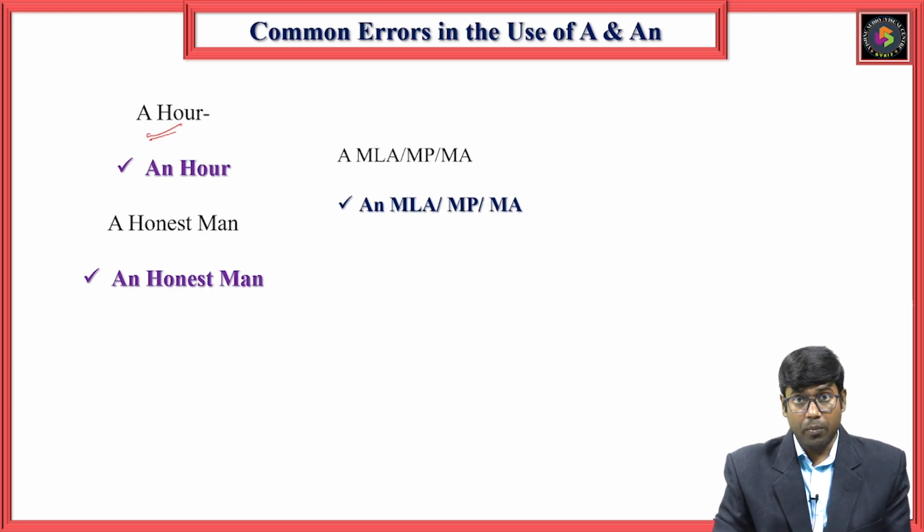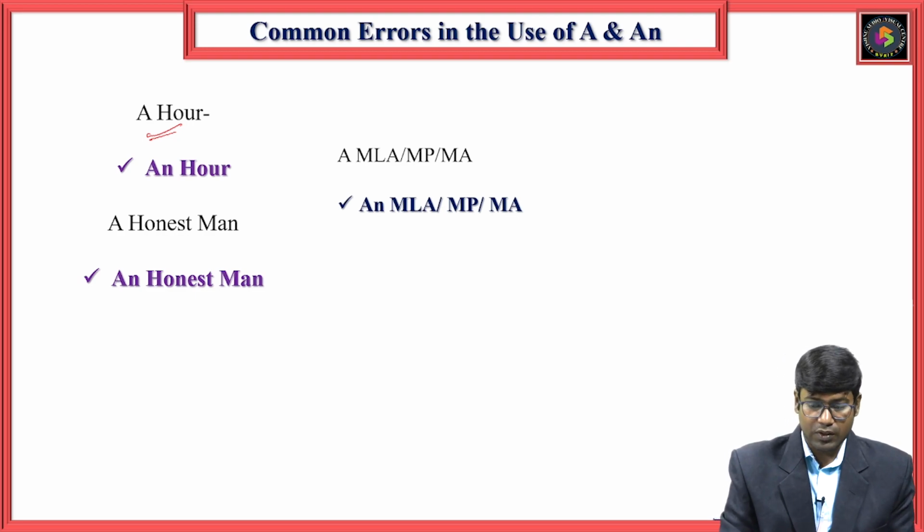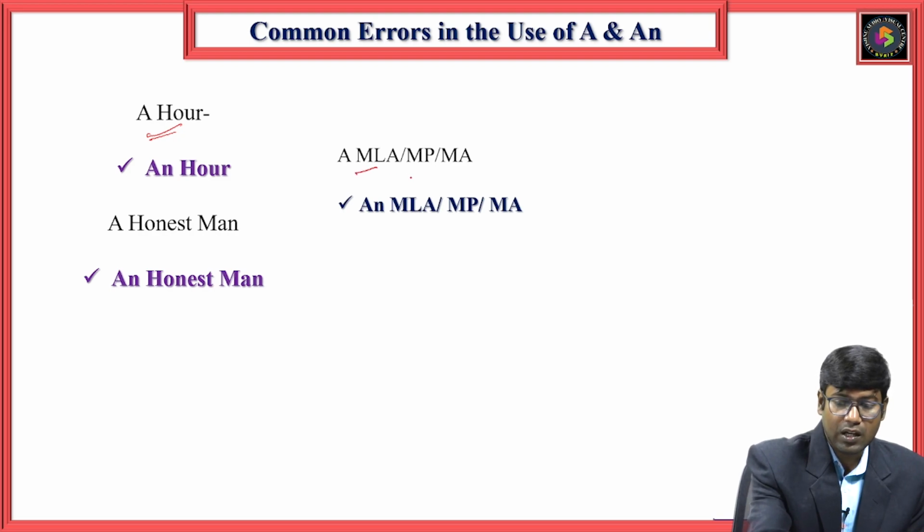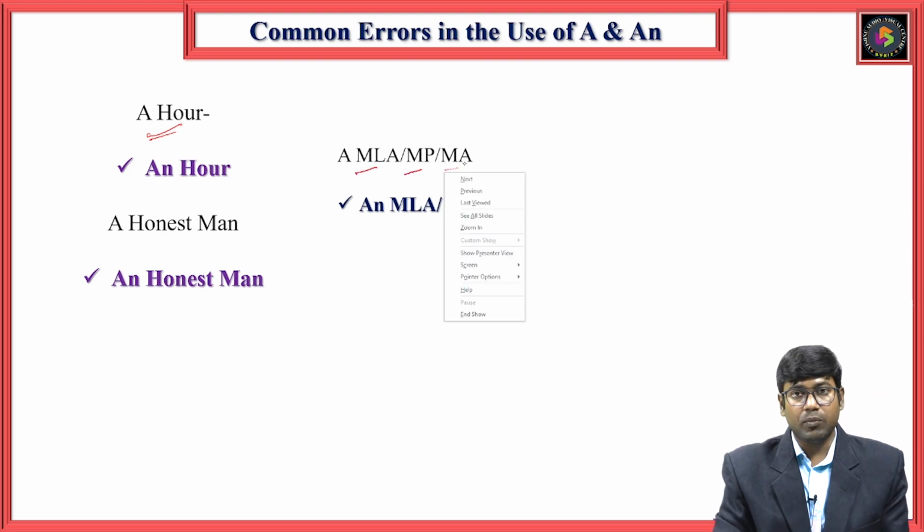So MLA, MP, MA. People often say a MA, because M is a consonant according to the letter.